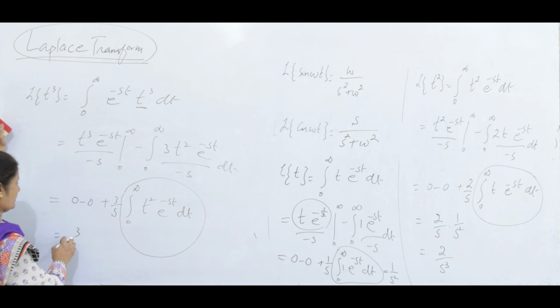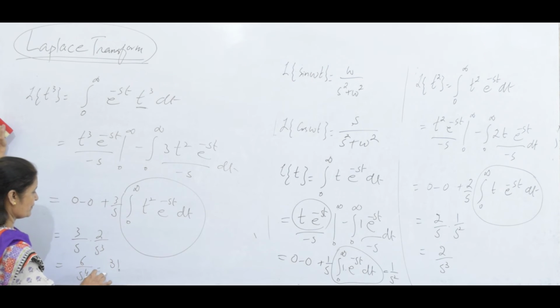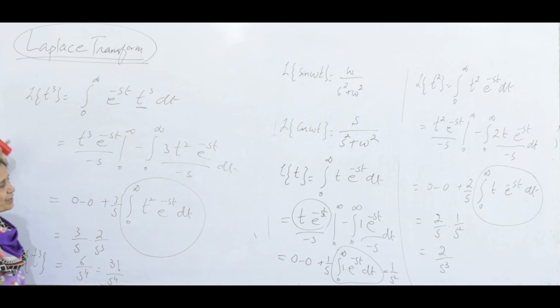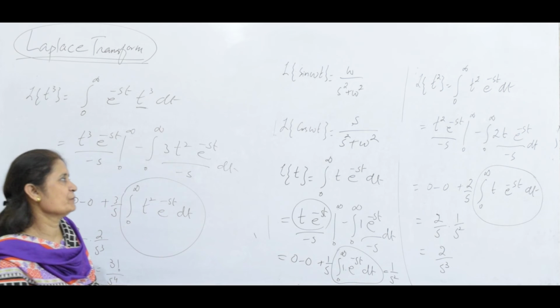So this becomes 3 over s times 2 over s cube, which is 6 over s to the 4, or 3 factorial over s to the 4. This is the Laplace transform of t cube.